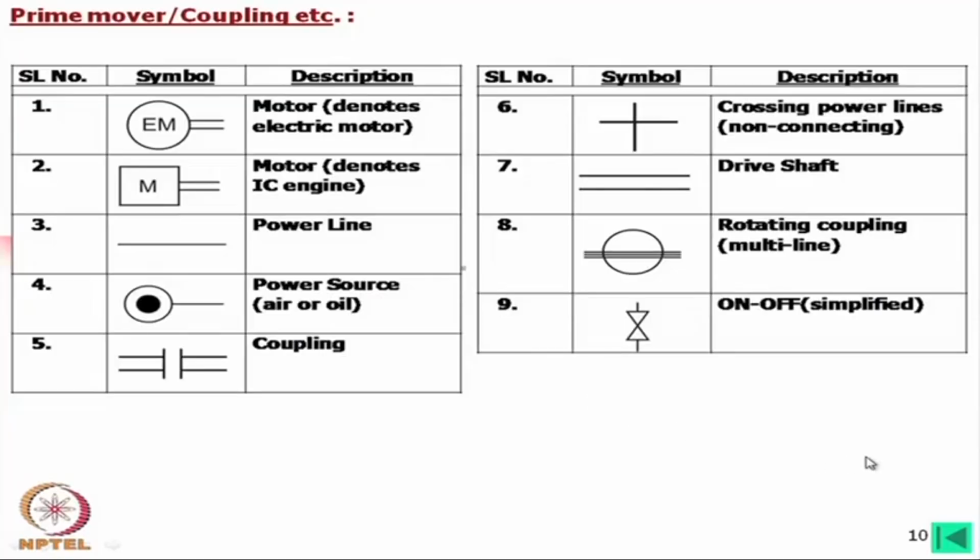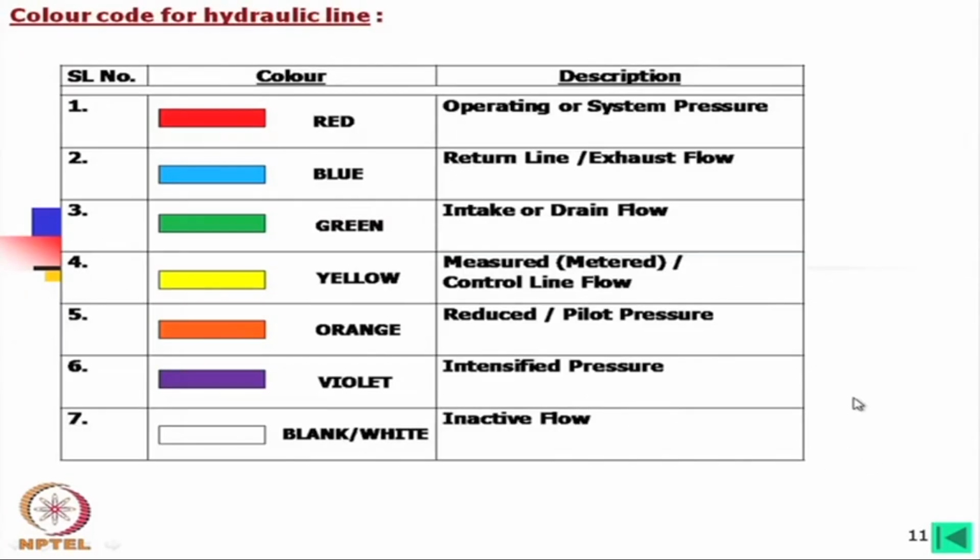So, this is sometimes used in hydraulic lines. Now, another important aspect, in many cases color codes are used. Red means operating at system pressure, blue means return line or exhaust flow, green means intake or drain flow, yellow means measure, usually meter flow or control line flow, and orange means reduced pilot pressure, and violet means intensified pressure, very high pressure.